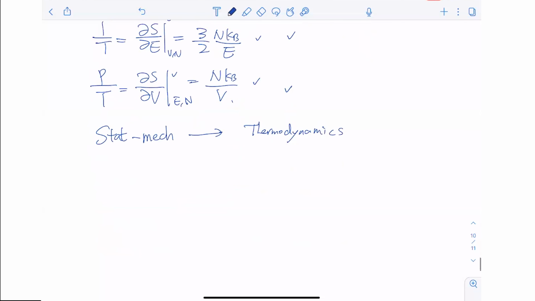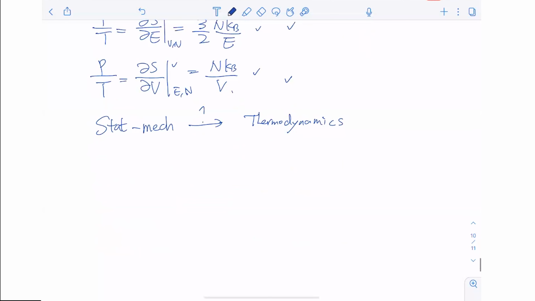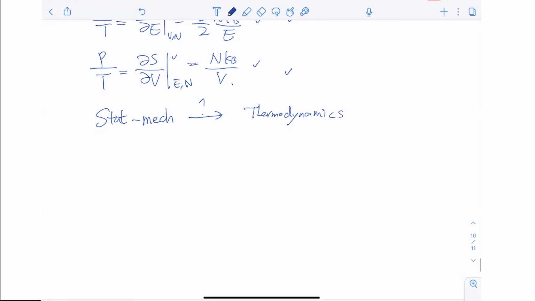At this point, you might have a question: we start from statistical mechanics and we get something related to thermodynamics, so why bother to learn statistical mechanics if I know how to use thermodynamics? The key is that there is additional information that statistical mechanics can provide.